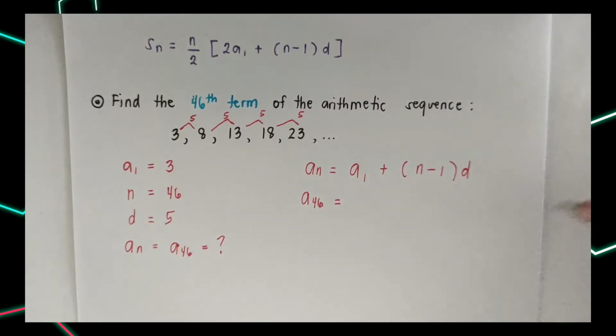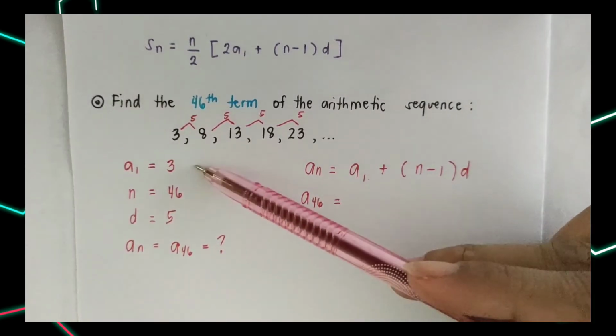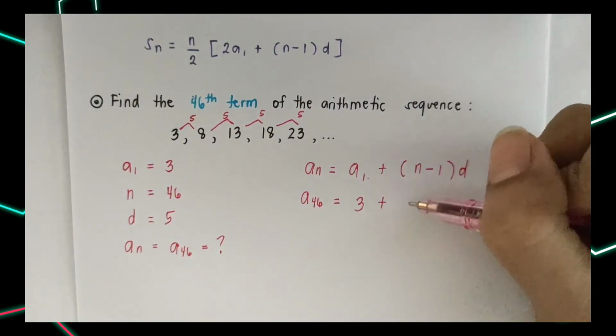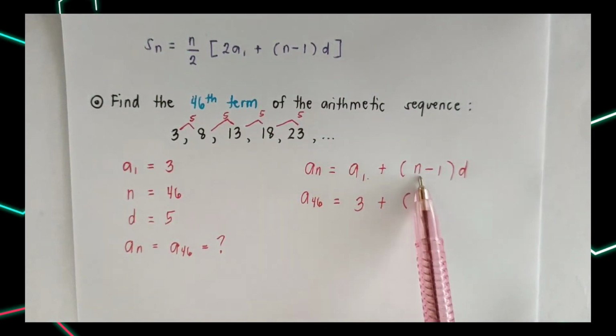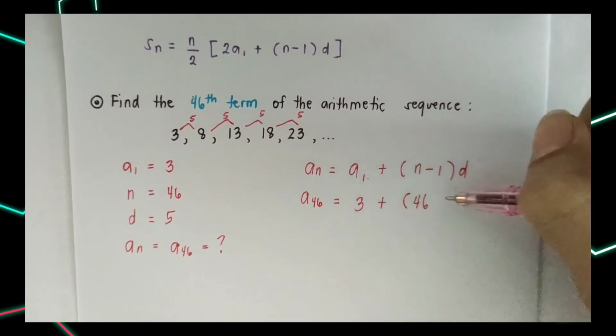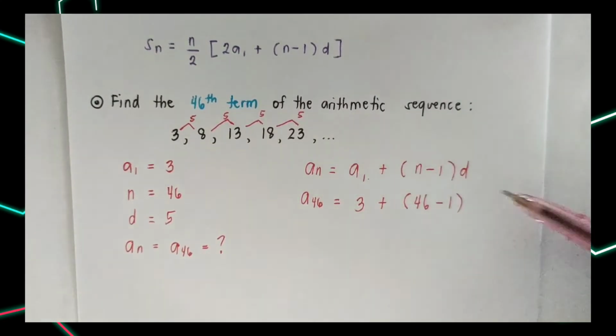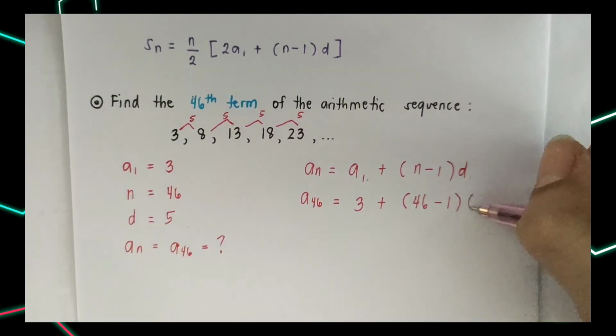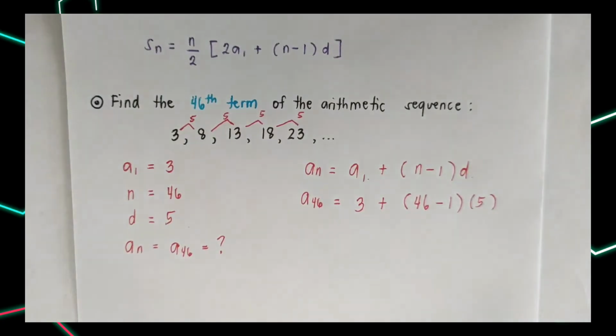That is our problem. A sub 1 is 3, plus your n is equal to 46, minus 1, and then your d is 5, times 5.